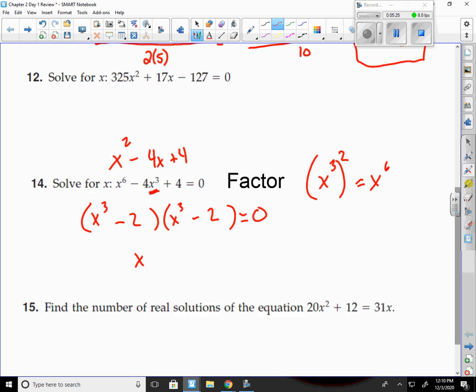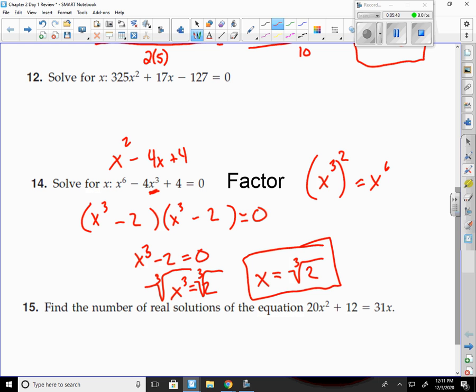So this becomes x cubed minus 2 equals 0. Add the 2 over, gives you x cubed equals 2. Then take the third root, or the cubic root, of both sides, and I get x equals the cubic root of 2. And that's it.